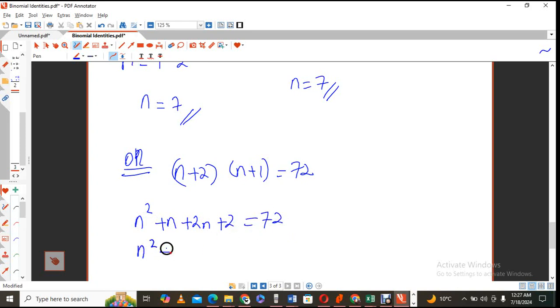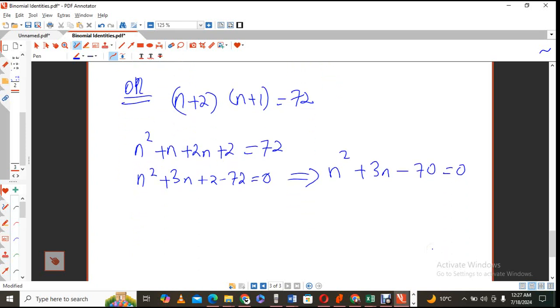That gives you n squared plus 3n plus 2 minus 72 equals 0. This then gives you n squared plus 3n minus 70 equals 0. Looking for the numbers, it is 10 times 7, with the 10 being positive and the 7 being negative.